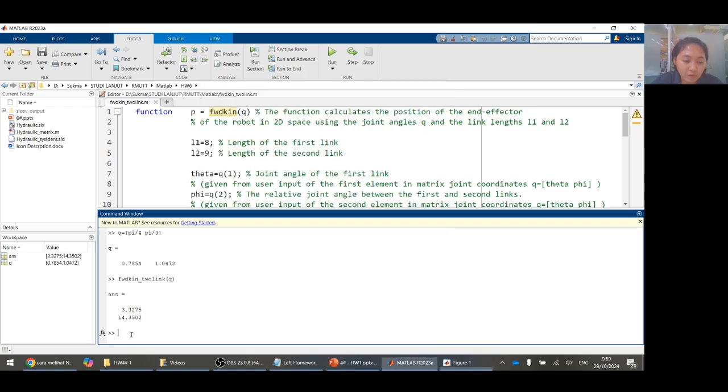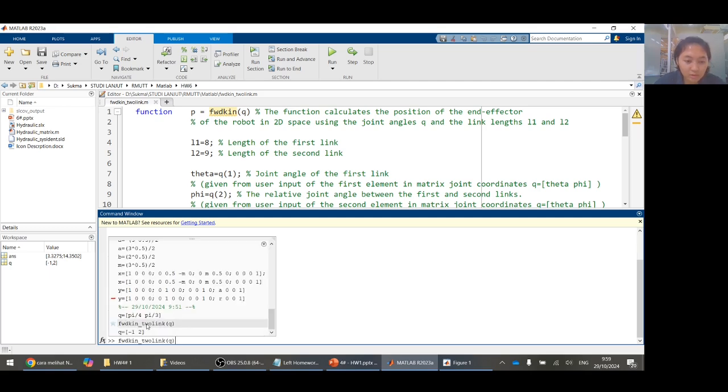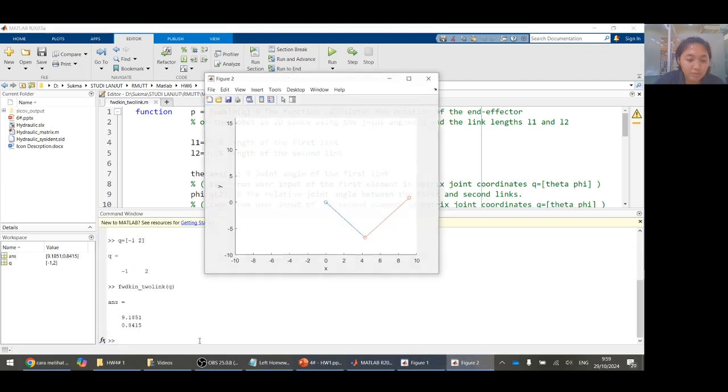And then I will show the second value of the joint angle, -1, 2. Then call the M file with the new value of q, -1 and 2. Then the result is like this.